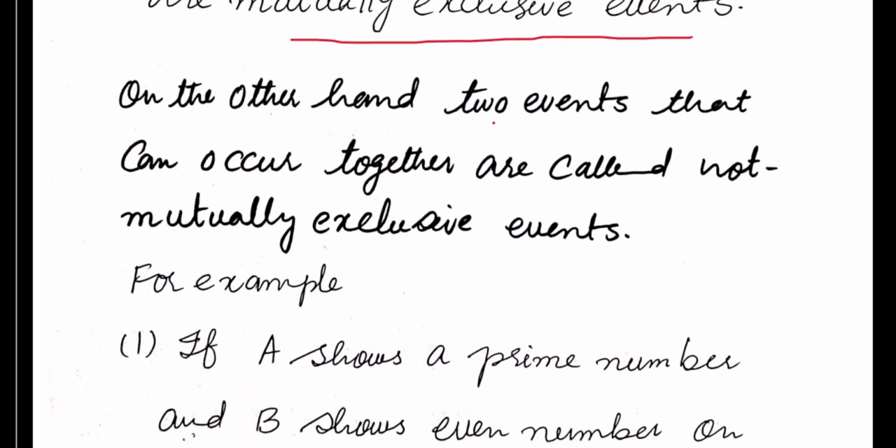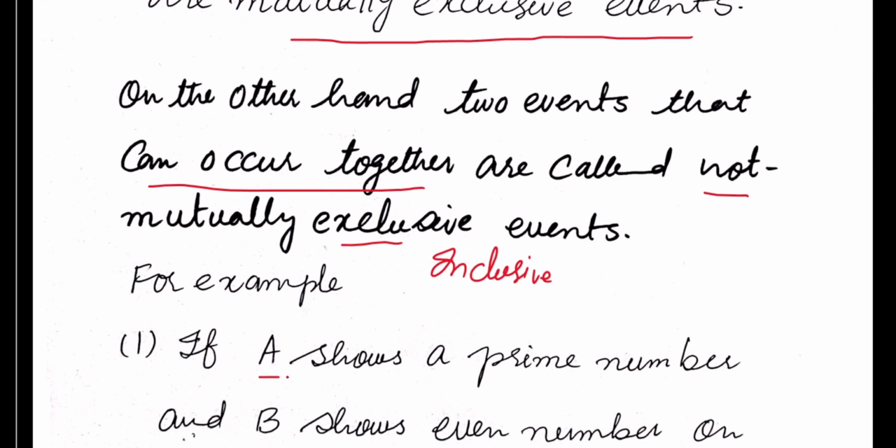On the other hand, two events that can occur together are called not mutually exclusive events, and in some books you can find them called inclusive events. Not mutually exclusive means inclusive events.